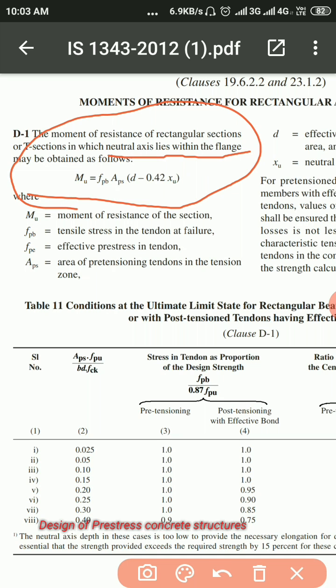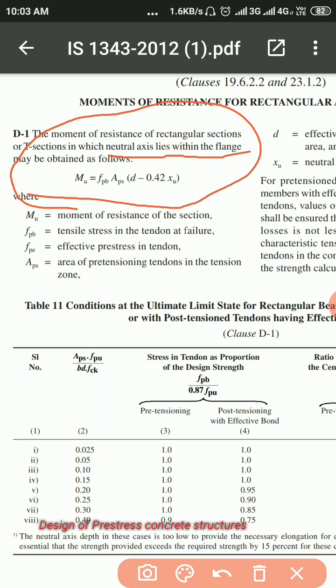These are different cases, and according to that there are different stress diagrams. But in this prestressed concrete design we are going to use only this case, that is, the neutral axis lies within the flange.